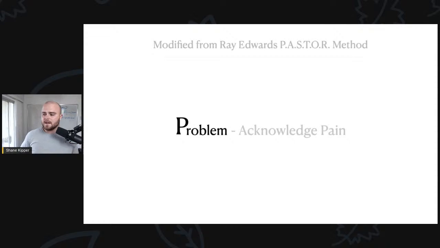So acknowledge the pain. Over here, I wrote some notes, but instead I put it on this slide. But we're engaging the pain. We're acknowledging it. We're communicating with our prospect, our viewer, our engager, that we are aware of their pain and that we have a solution to it. But we're also calling them out.